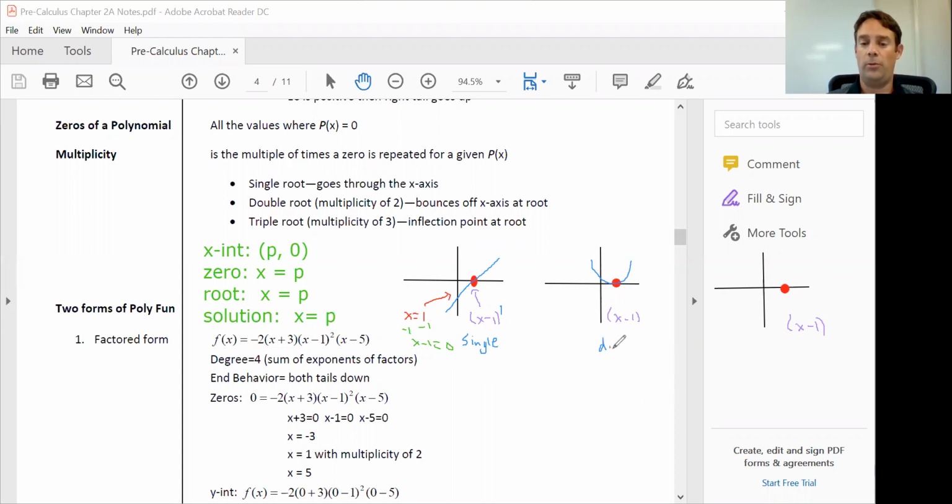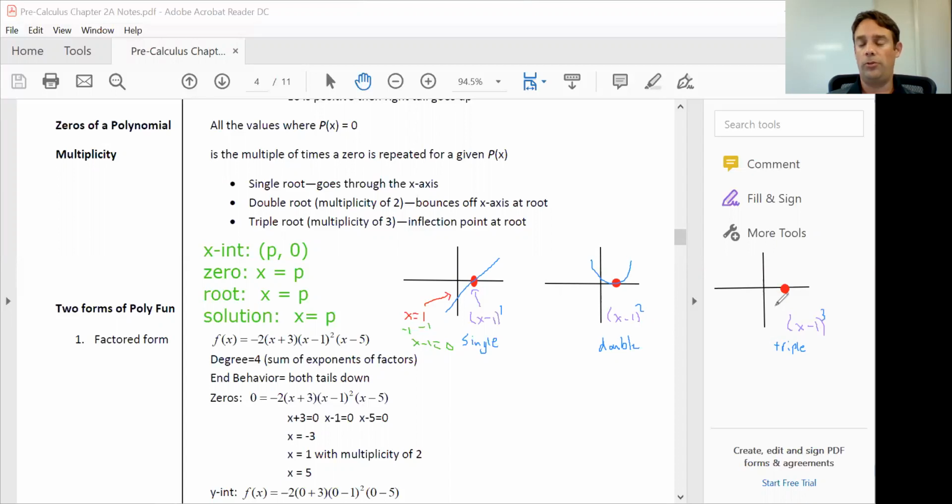And the reason why we call it a double root, think of a parabola. X squared gives us a parabola. Therefore, this has an exponent of 2. We call that a double root. And I don't think, if I say triple root, I think you guys could probably figure out pretty darn quickly what that exponent will be. It would be 3.